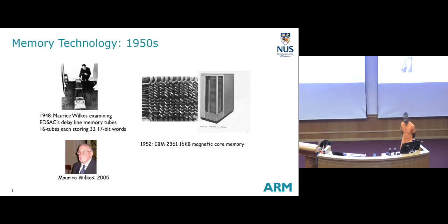So, memory technology. If you go and look for some historical pictures, you will see many old, different structures of memory. I'm not sure if you all have been to the computing gallery. It's free access every day, I think from 11 to 5.